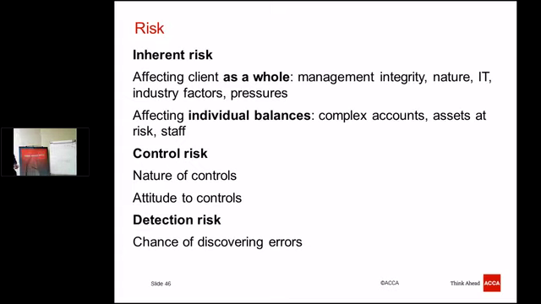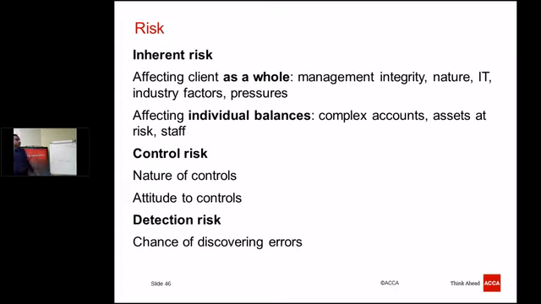So inherent risk, as you can see on the slide, affects the client as a whole: management integrity, nature, IT, industry factors, and protections. It affects individual balances, for example, complex accounts. Some accounts by their nature are complex, and we just talked about that. Assets at risk and staff.